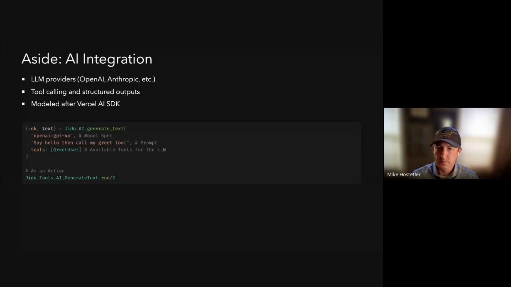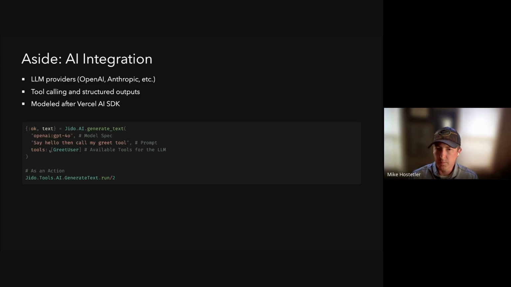That has now been squashed, and we've modeled the new Jido AI off of the Vercel AI SDK, which is, by and far, I think, one of the best API surfaces. And again, we're building out the ability to call pretty much any LLM that you want, to generate text, to stream text, to stream an object and do all the structured data extraction that you need, on and on and on.